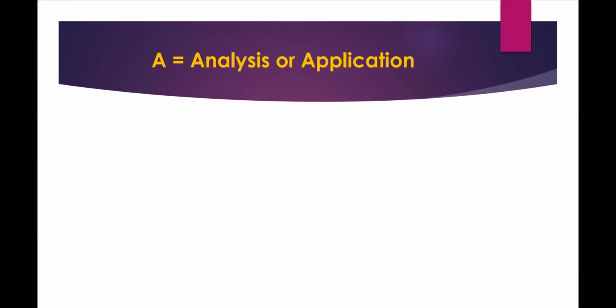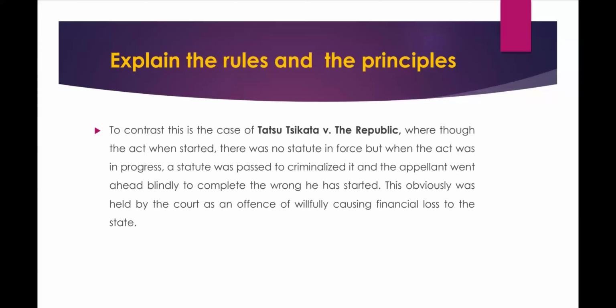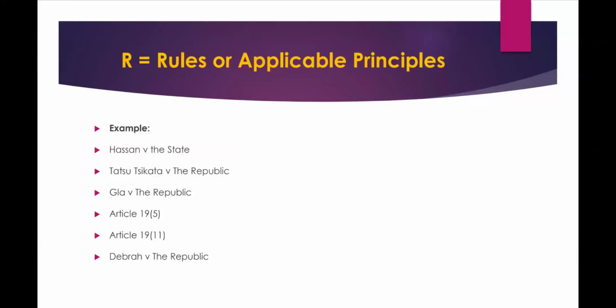C, so then you analyze based on the number of issues you have raised. So analysis is equal to issues plus applicable principles. Analysis here is equal to the issues you have raised in the question plus the rules, these rules we have explained.